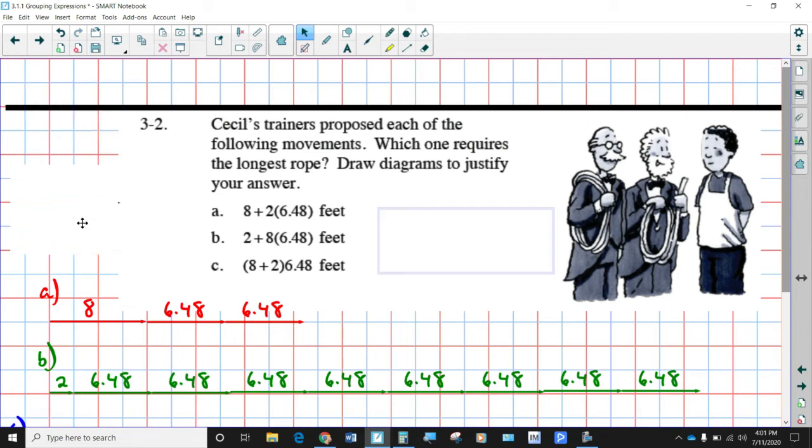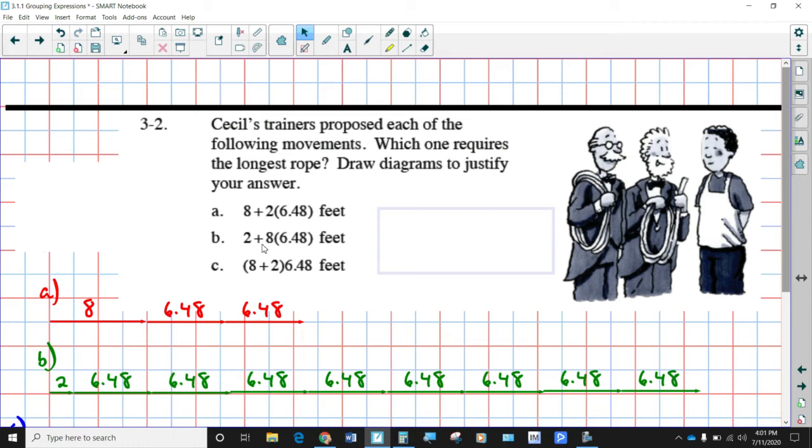So if we use that, and they're properly scaled, 8 plus 2 times 6.48 means he's got 1 step of 8 and 2 steps of 6.48. If you have 2 plus 8 steps of 6.48, then here's your 2, and then 1, 2, 3, 4, 5, 6, 7, 8. So you can clearly see that routine B is longer.